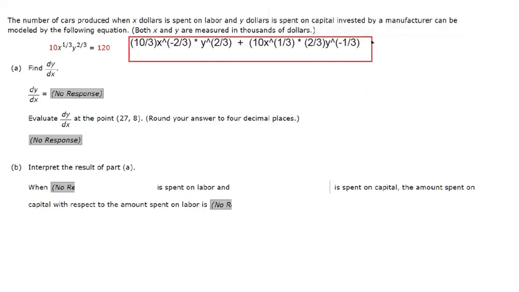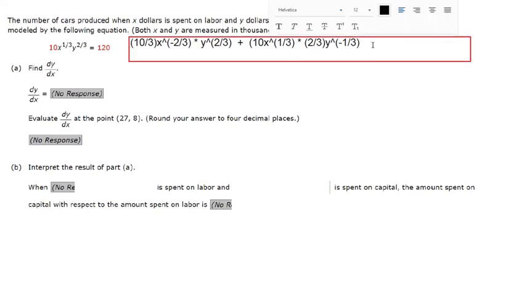But then we're not done, because we took a derivative with respect to x. So if y is some sort of function of x, then we need to multiply this. I think I'm missing a parentheses. No, I just have an extra parentheses there. y is some sort of function of x, so that's the derivative of y. That comes from the chain rule.